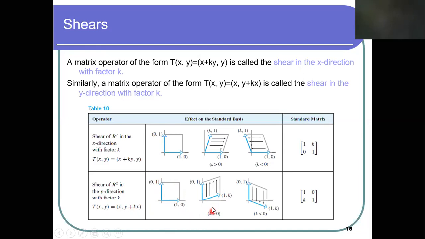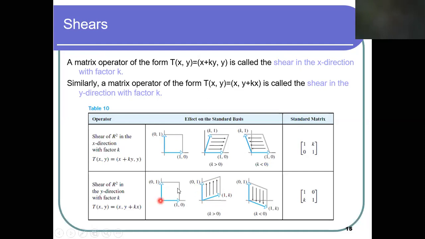If k is greater than 1, then it will be projected from the x-axis to some direction in the xy plane, 1 times k, where k is some positive constant. So along the x-axis your coordinate is 1, along the y-axis your coordinate is k. So this vector will be projected in the y direction.